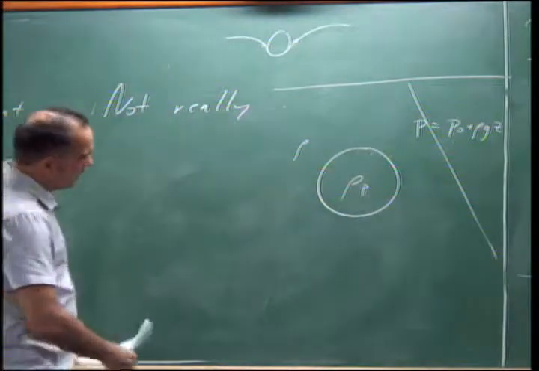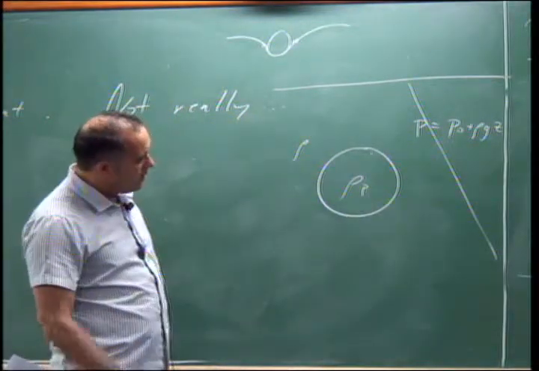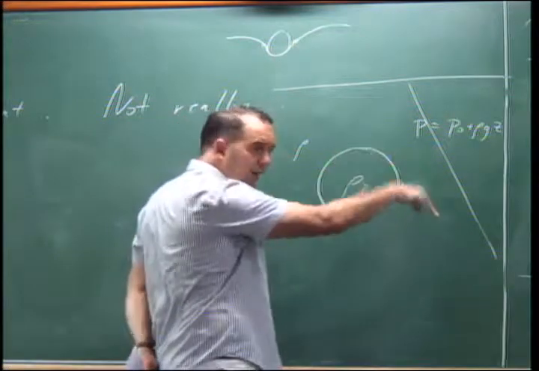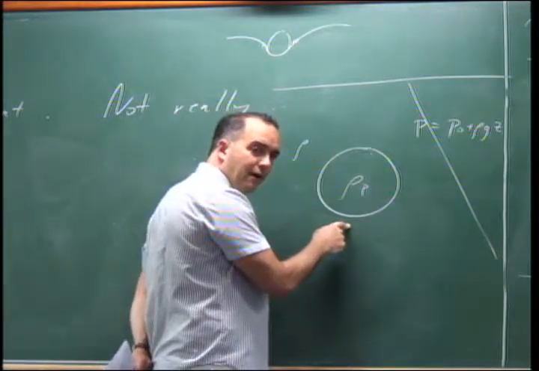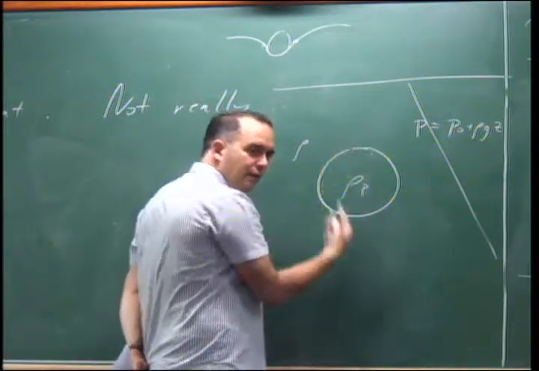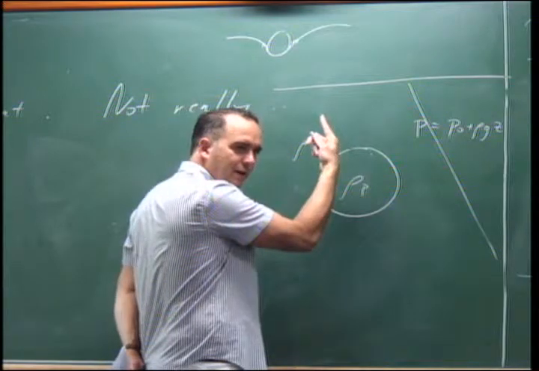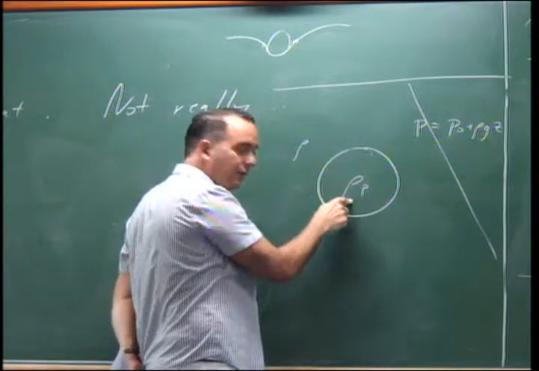Okay, so we know basically that because of this hydrostatic gradient, the pressure is higher here than here, so there's going to be a net force which bears its weight. And the question is, when is that force large enough to support its weight?